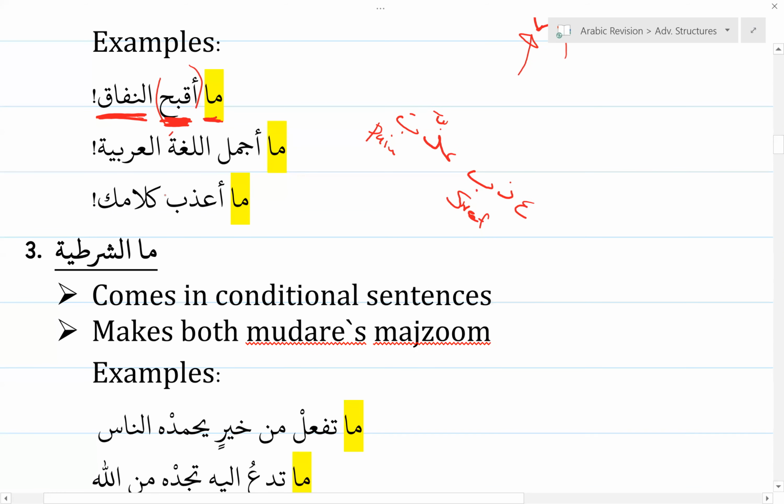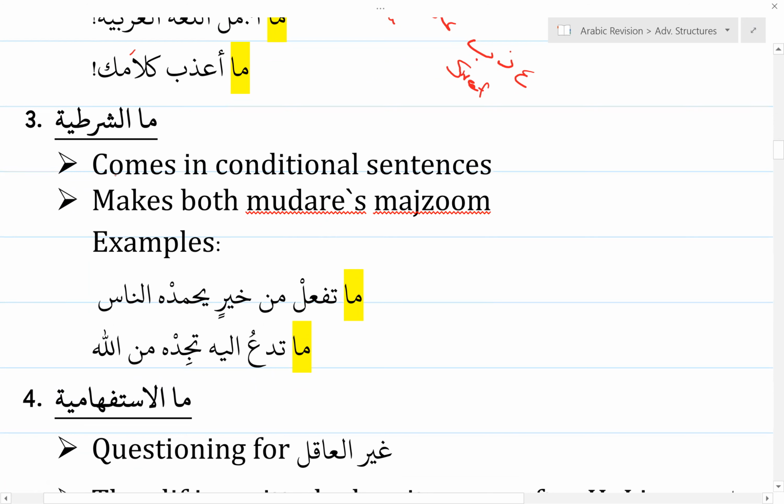We're familiar with ma shartiyya because we did jumla shartiyya a while back. We said that ma makes both fi'ls in the jumla shartiyya majzoom. So it comes in conditional sentences and makes both mudari' majzoom.